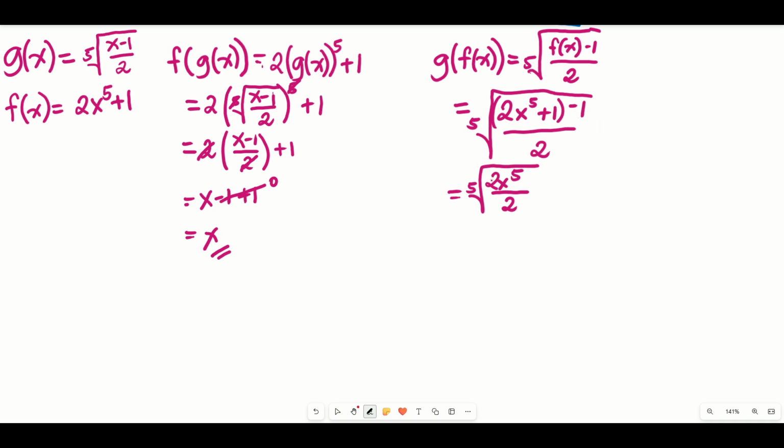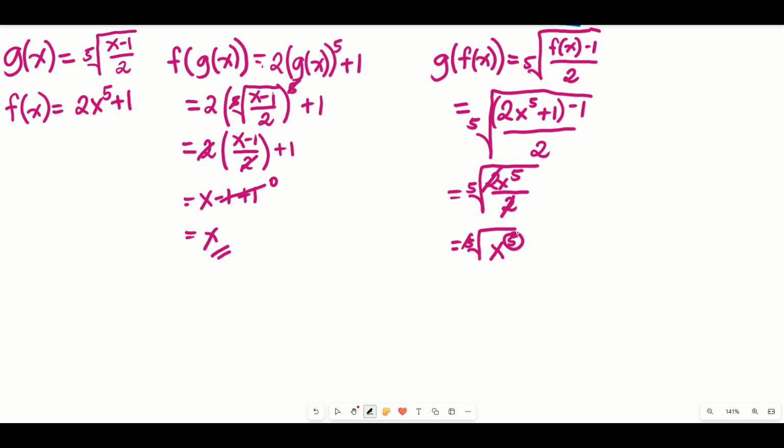And then, I have here, may 2 ako sa numerator, may 2 sa denominator. So, I can cancel this. Matitira is the fifth root of x raised to 5. And again, may nag-extract ako dito ng fifth root, naka-raise to the fifth power.